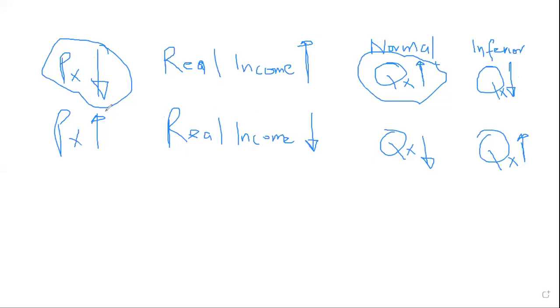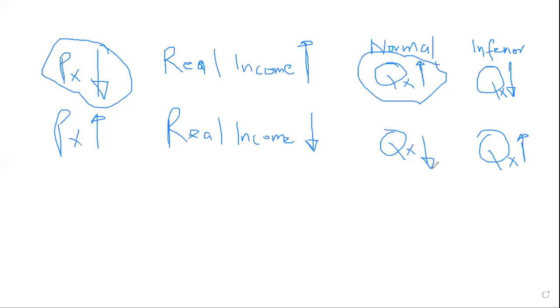You can analyze it this way too. When there is an increase in price, by the end of the transmission mechanism, you see that for normal goods, quantity consumed falls. So the direction, this is up, this is down.